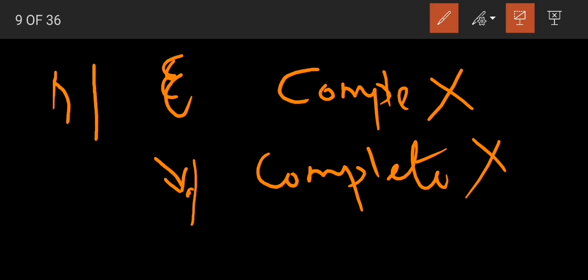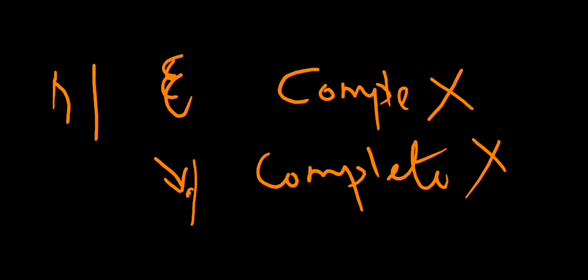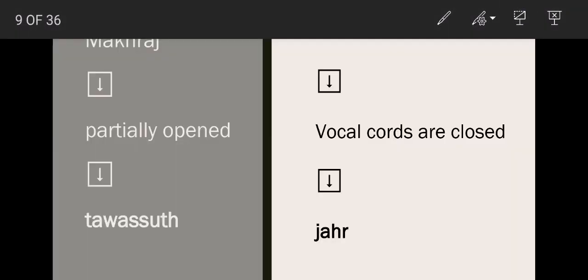Remember, for the ha the vocal cords are separated so that the sound produced can be fully released. But for the ayn, the sound produced can't escape, because the makhraj is partially closed. Can you remember anything when I am saying this partially closing?